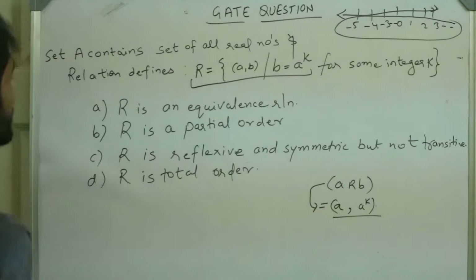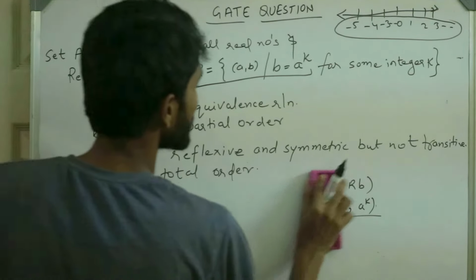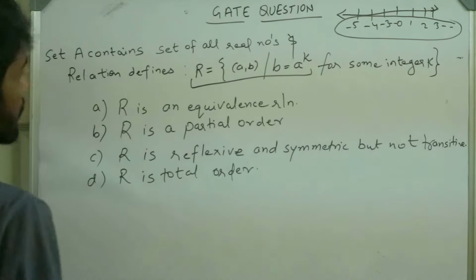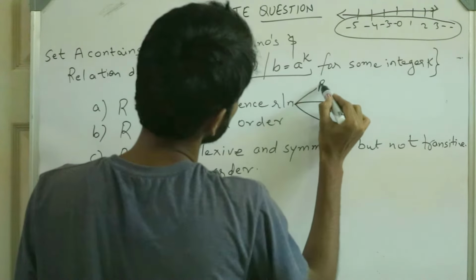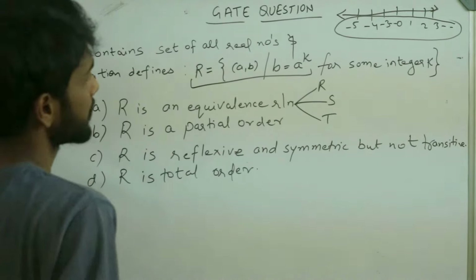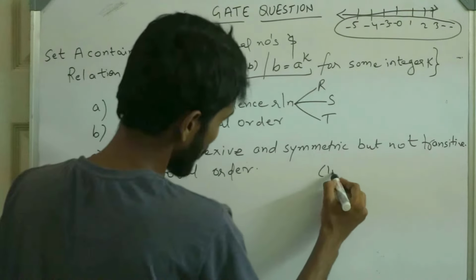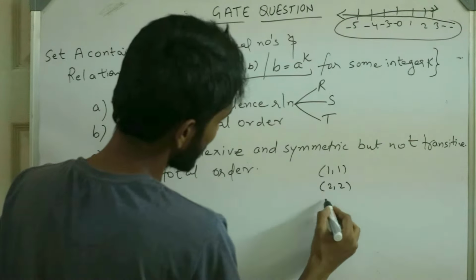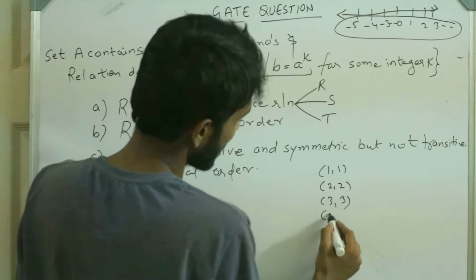Now check whether R is an equivalence relation. For R to be an equivalence relation, what needs to be checked? Reflexive, symmetric and transitive. For reflexive, all diagonal elements, meaning (1,1), (2,2), (3,3), here the real numbers, like that.